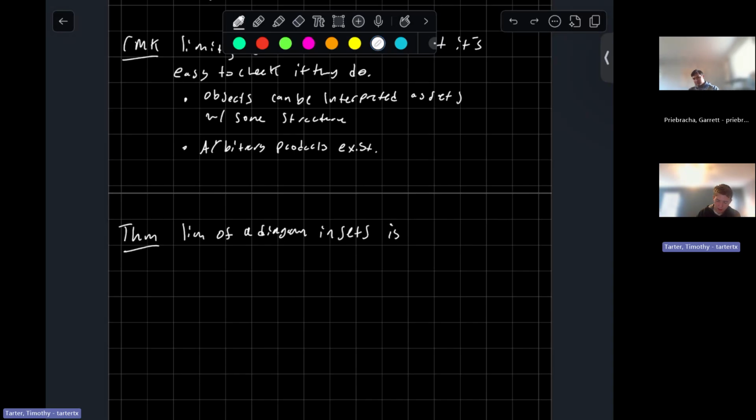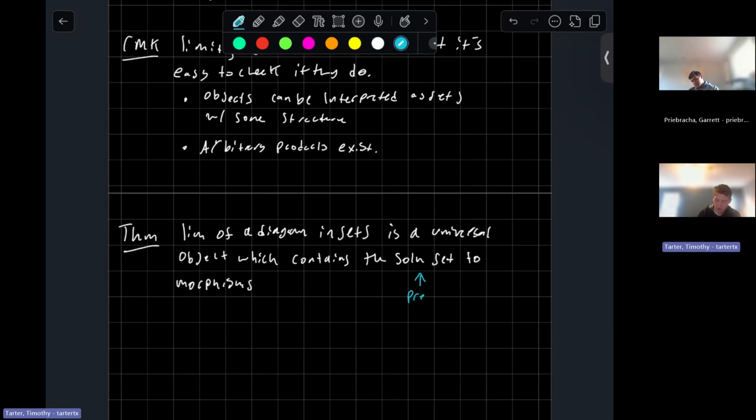Or is a universal or final object which contains the solution set to morphisms. Really, this is like pre-images.